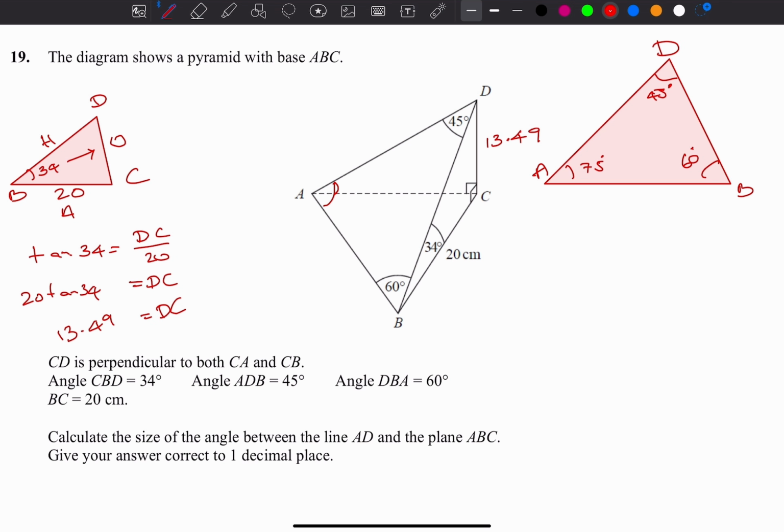Good. Then I can work out what DB is, because DB is just Pythagoras on this, isn't it? Look. If that was 20 and I worked out DC was 13.49, I can work out BD, which is square root of 20 squared plus 13.49 squared, which will make it 24.12.